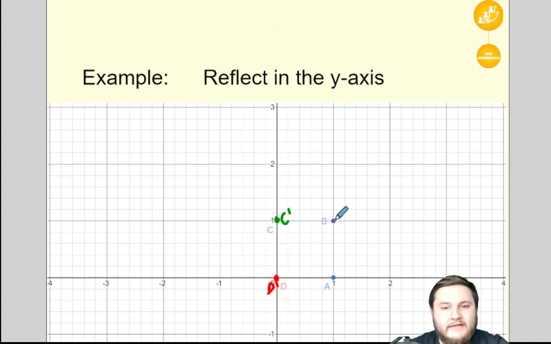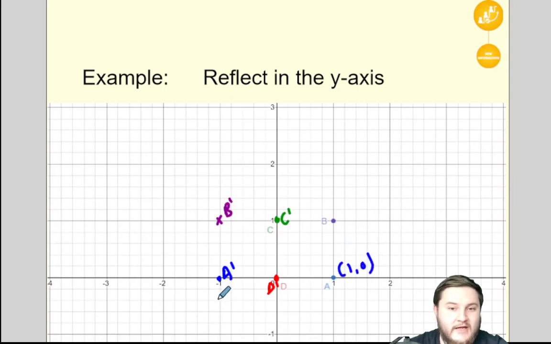B, on the other hand, is going to be reflected over here. That's going to be B dash. And A is going to be over here, isn't it? That's going to be the image of A. So in other words, the C and D coordinates haven't changed, but A has gone from being (1, 0) to now being (-1, 0).